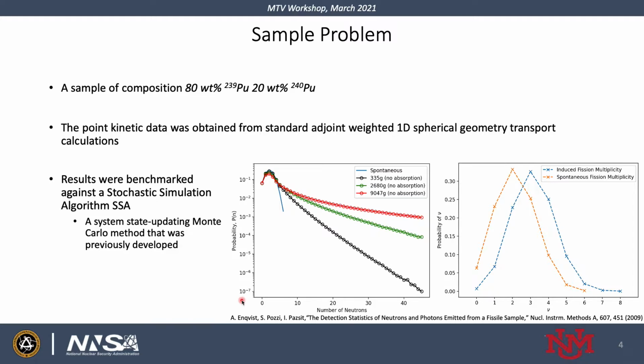You've probably seen this source used in many studies before, but a challenge we faced was where would you get point kinetic parameters for this problem? In particular, what is the leakage rate in a point model? So what we did was we ran a standard adjoint weighted 1D spherical geometry transport calculation, and from that we got the values for all the reaction rates in the equations we're solving.